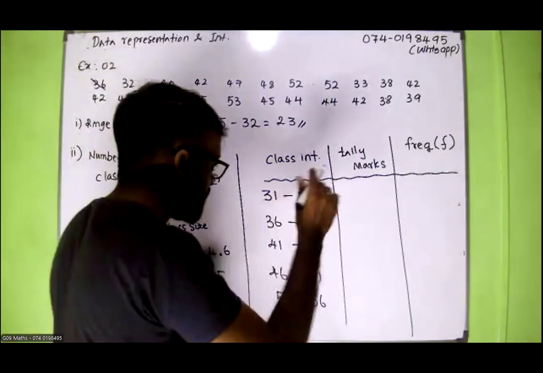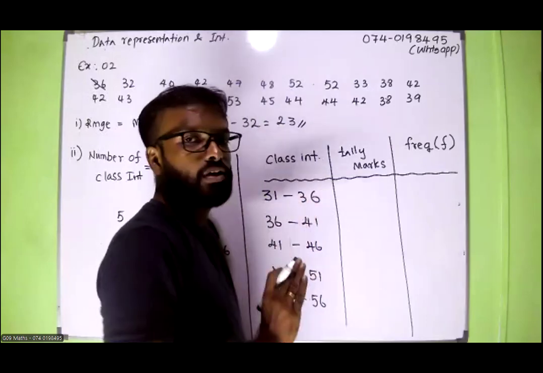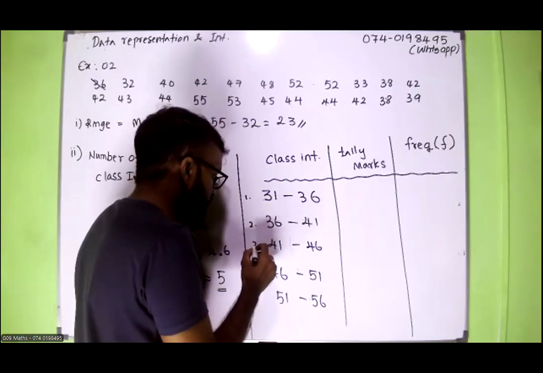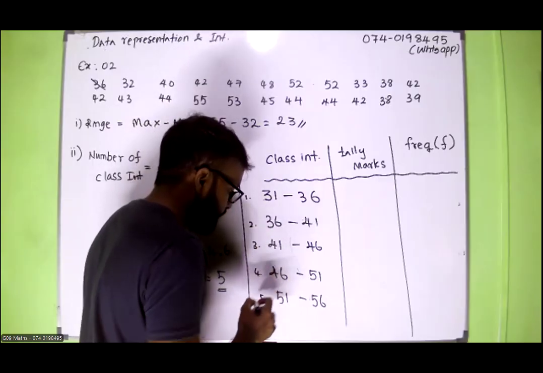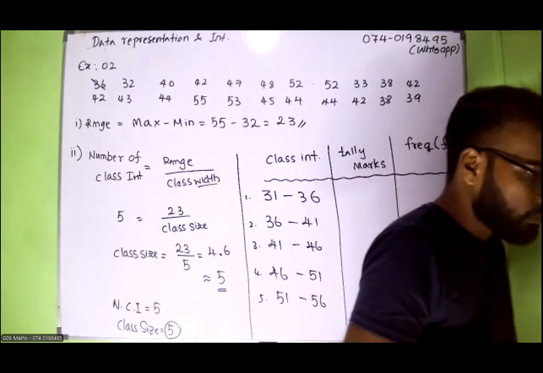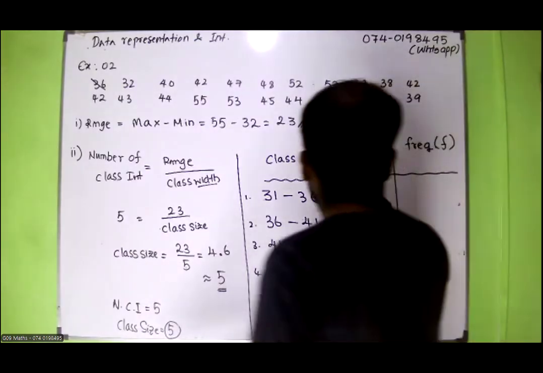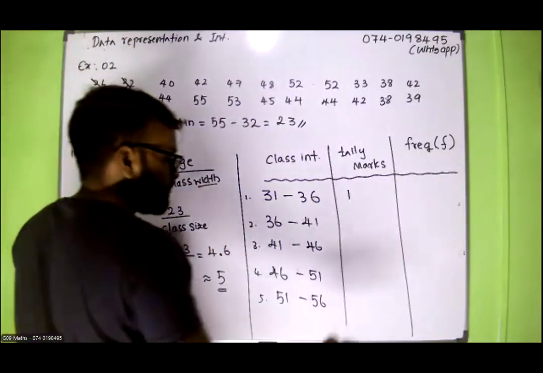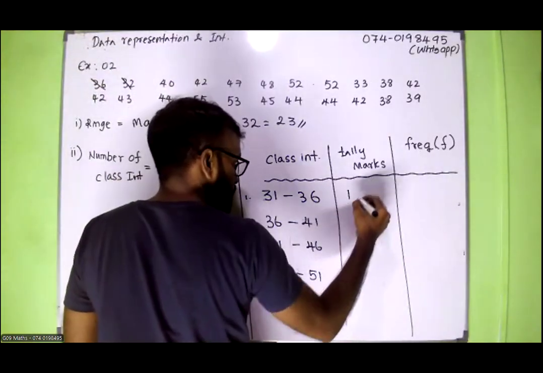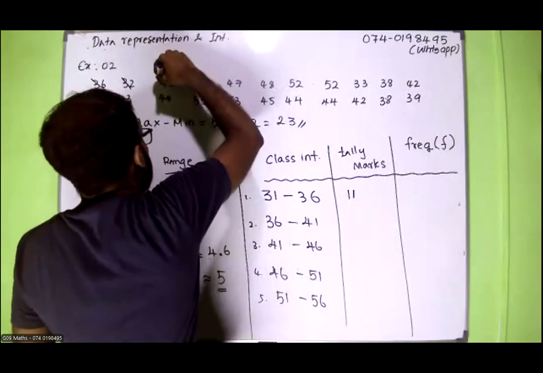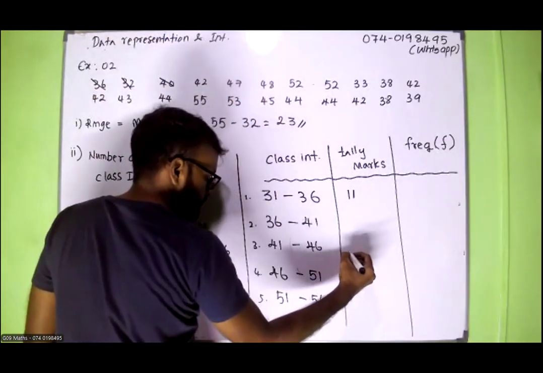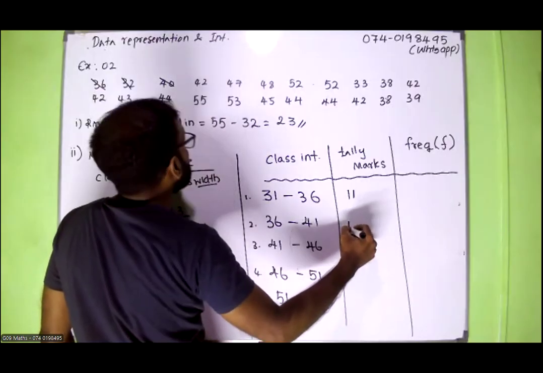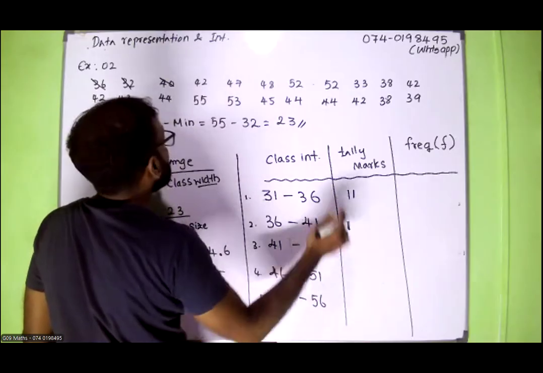Guys, tell me please, should 36 be in the first, second, third, fourth or fifth class interval? 36 belongs to the first one. 32, first one. 40, second one.